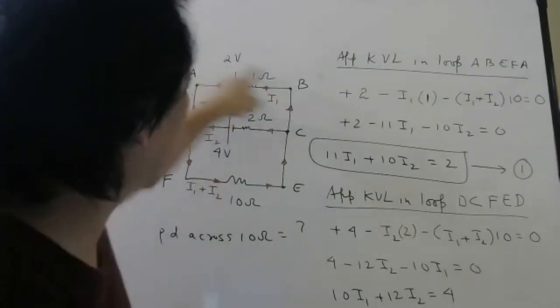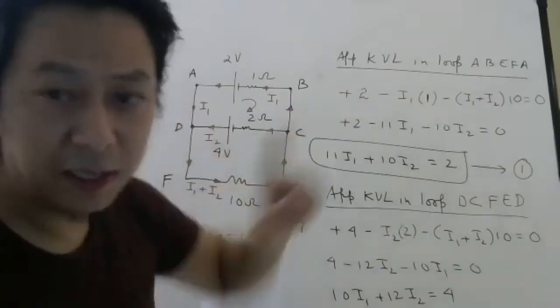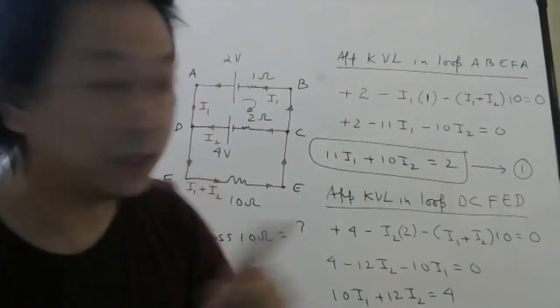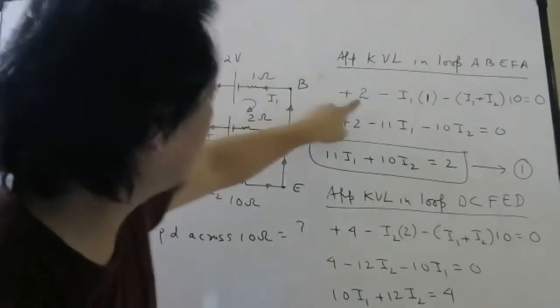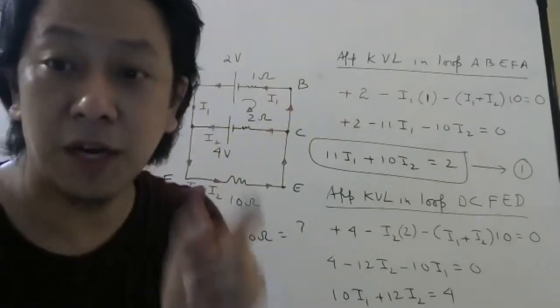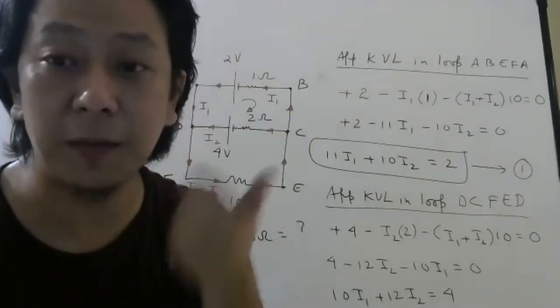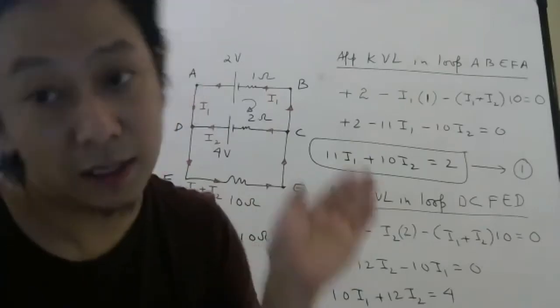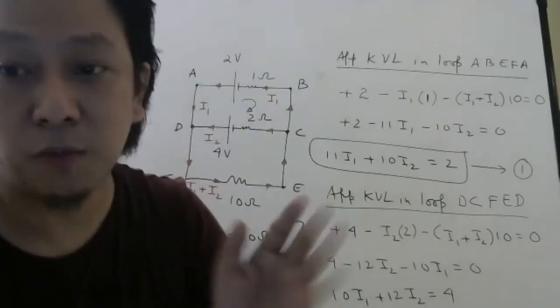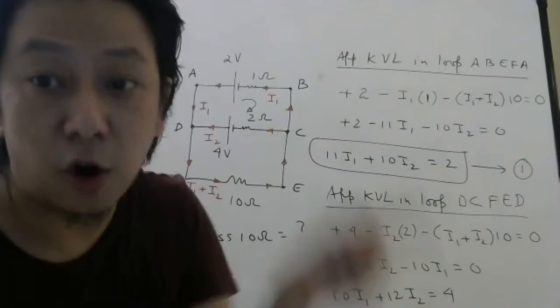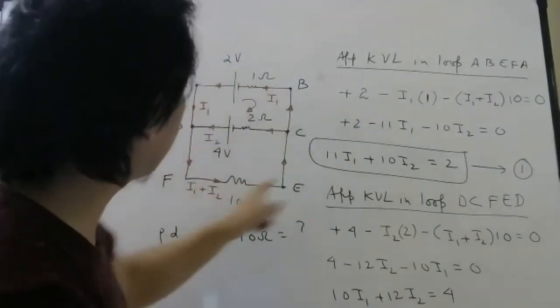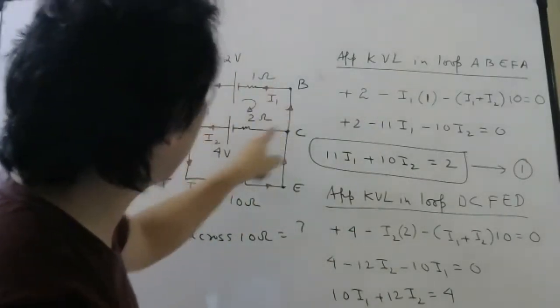Same as EMF, 2 volt. So for battery, never write I into R. For battery, whatever is the EMF, that you have to write. For resistor, you have to write I into R. When to write positive? If you are moving with the current. When will you write negative? If you are moving opposite to current. So in all these examples, I am always moving opposite to current.